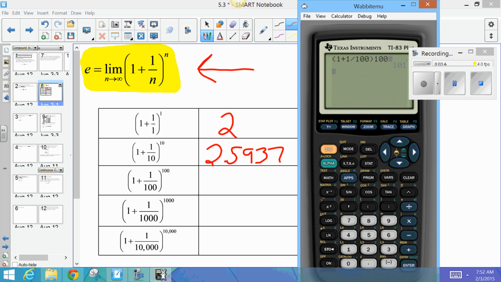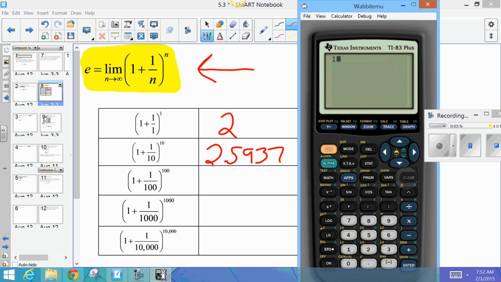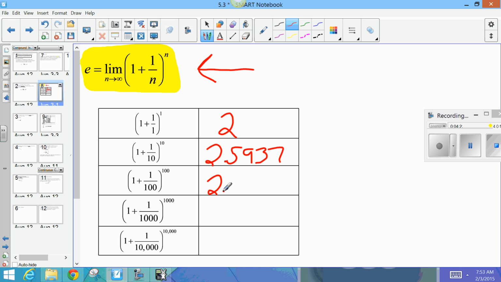All right, here we go. One plus 1 over 100, to the power of 100. There we go. I think I finally got it. 2.7048.